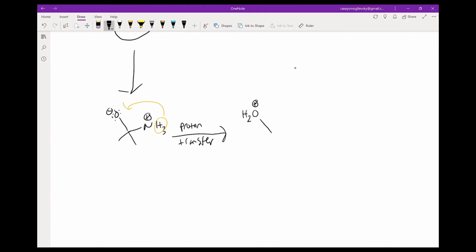this species. And then we have an elimination reaction afterwards. This pops off.